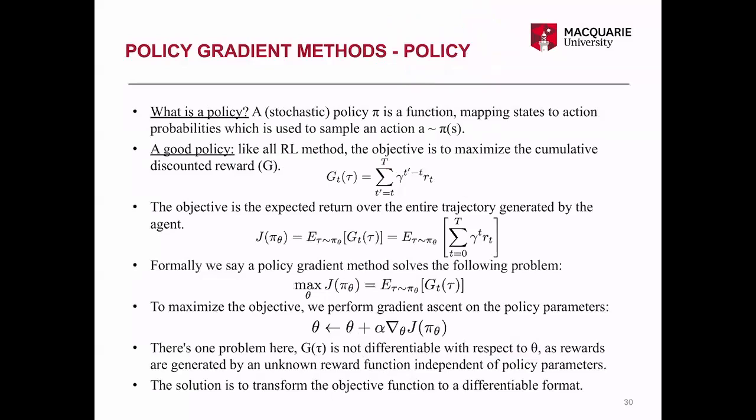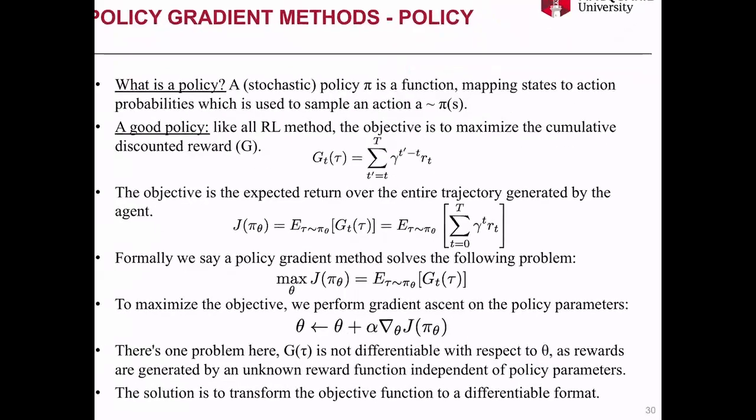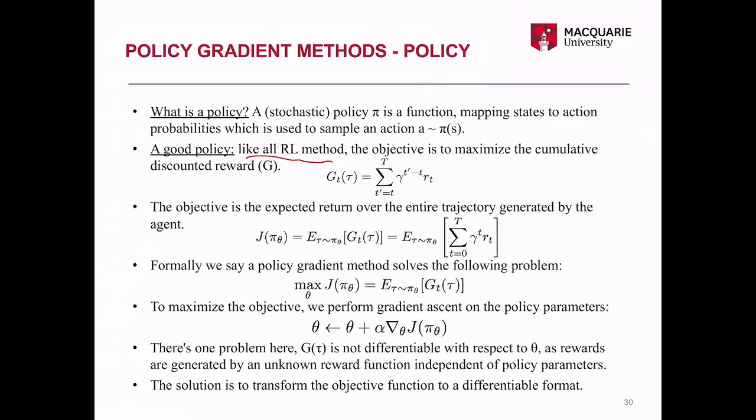Okay, so what is a policy? As a review, a stochastic policy is a function that maps states to action probabilities, which is used to sample an action. And what is a good policy? Like all reinforcement learning methods, the objective is to maximize the cumulative discounted reward, or G. You remember this from week 6.